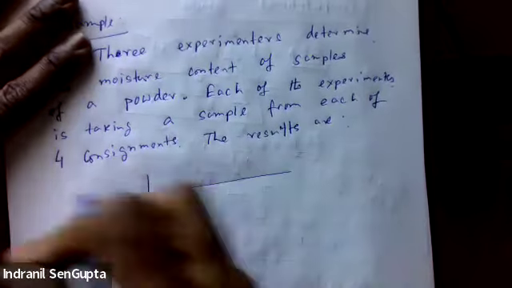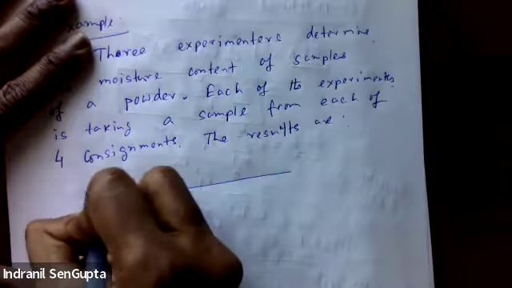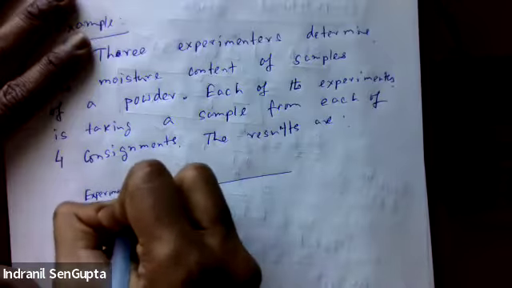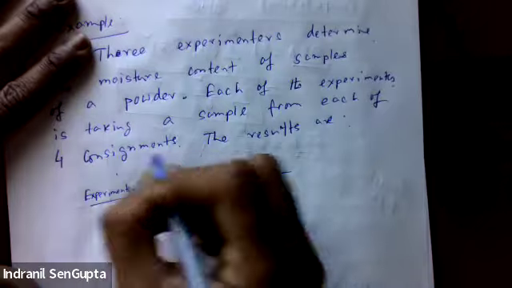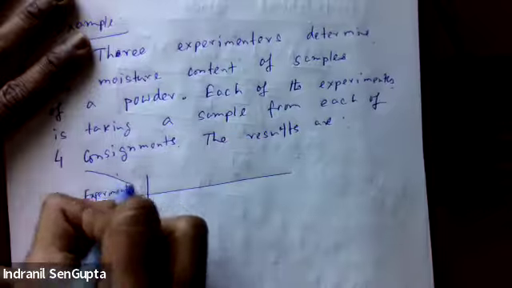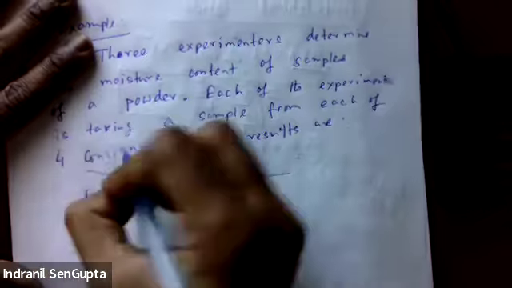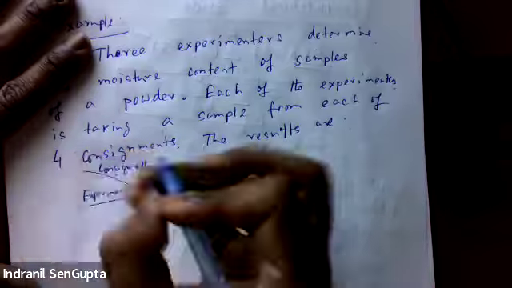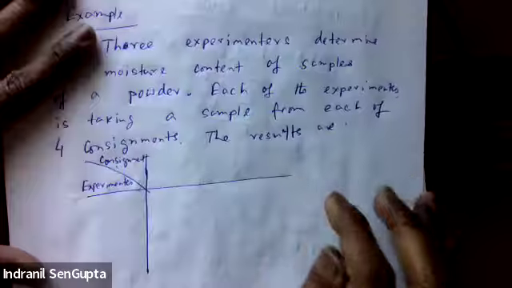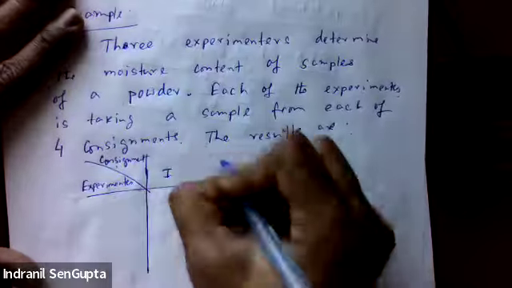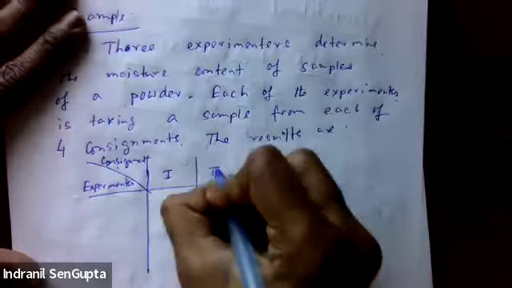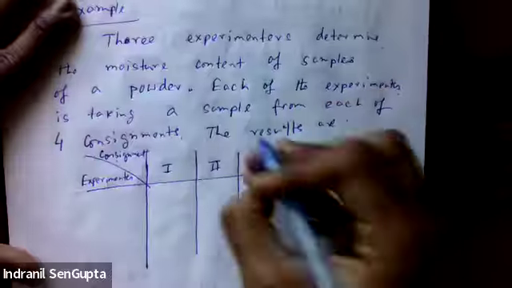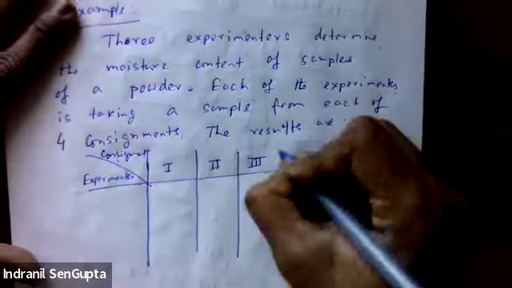So we'll call the experimenter and then the consignments here. So there are 4 consignments. So 1 class of powder, 2nd, 3rd, and 4th.